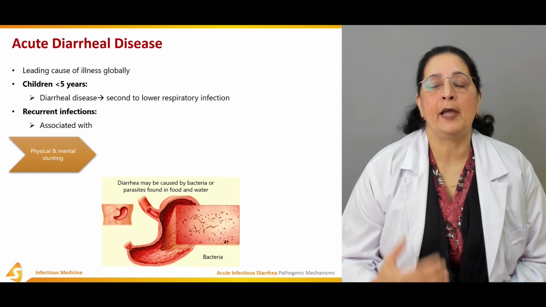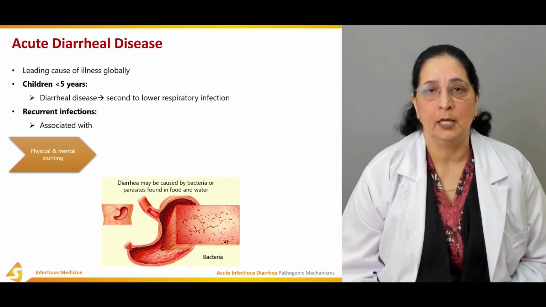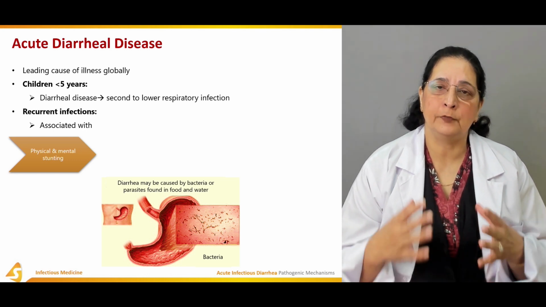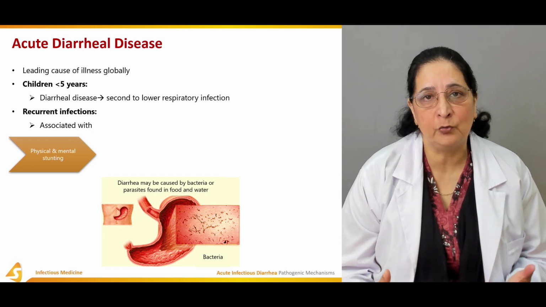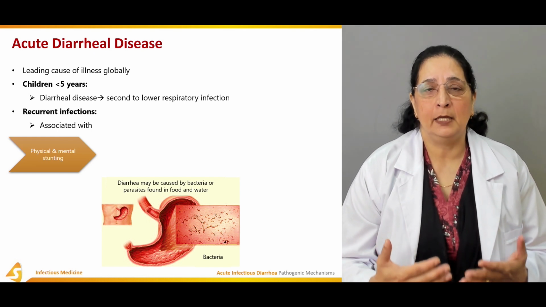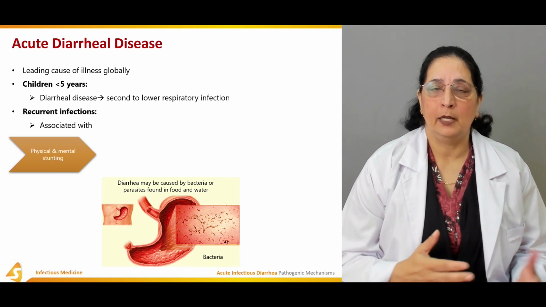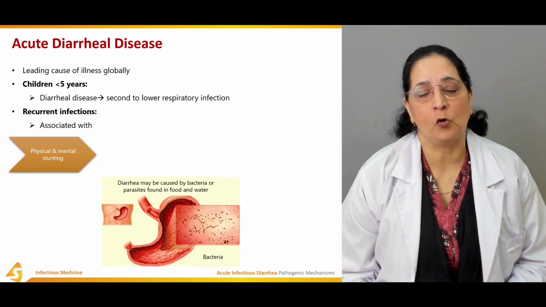The common factor can be poor hygiene, poor control, so they usually eat or drink contaminated food. They can eat food that is not fresh also. Old food is more likely to have microorganisms.